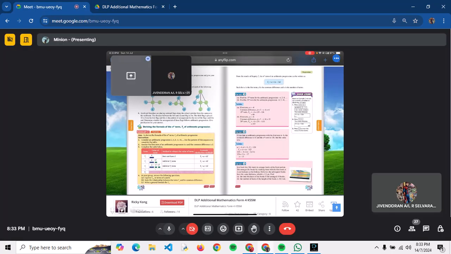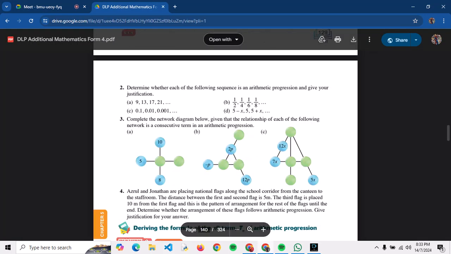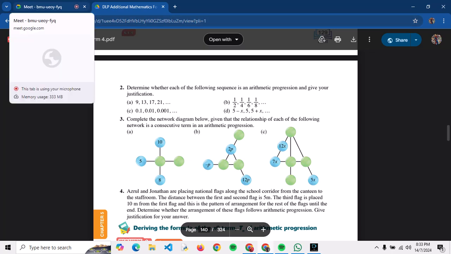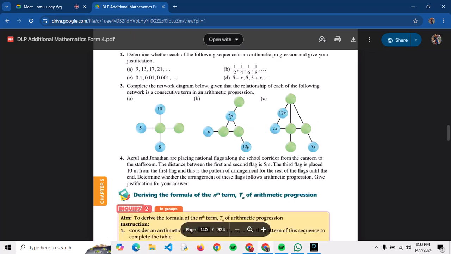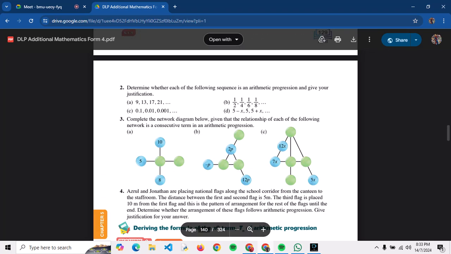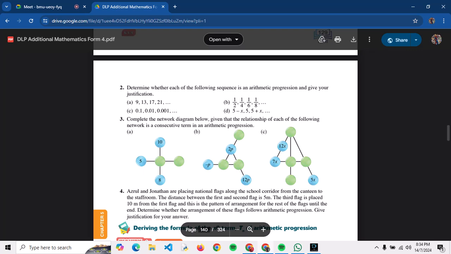Because for some questions, the working is small, but it can be 4 to 5 marks for proving. It depends how long it is. So after completing the chapter, we will be doing the proving questions. So you all will know when to use formulas. So next is this formula.